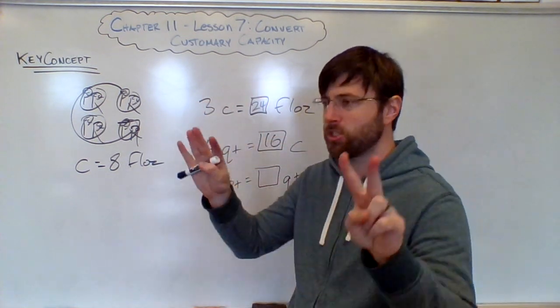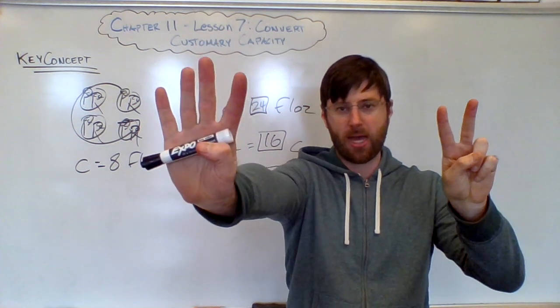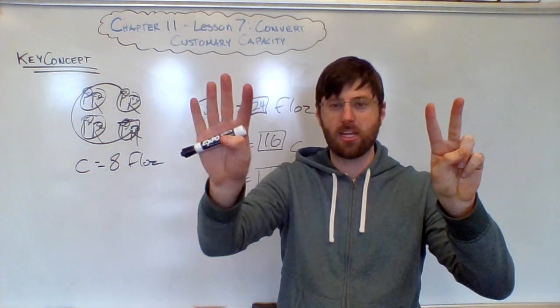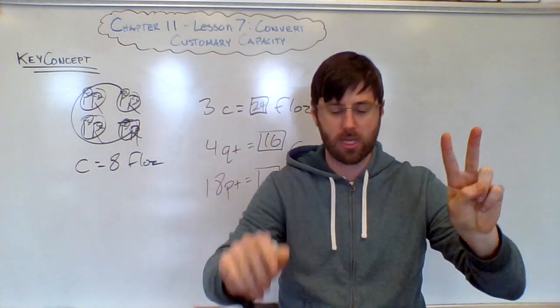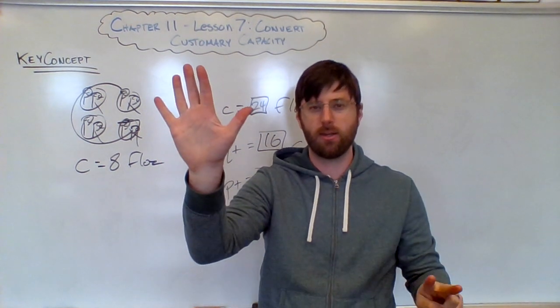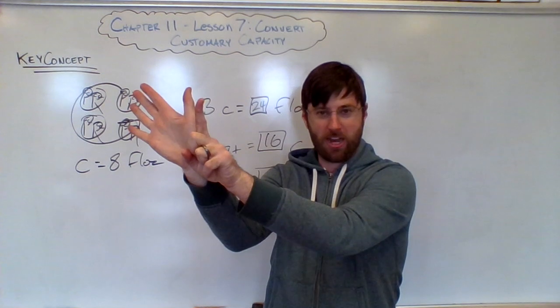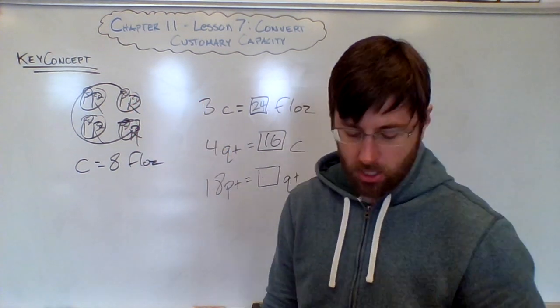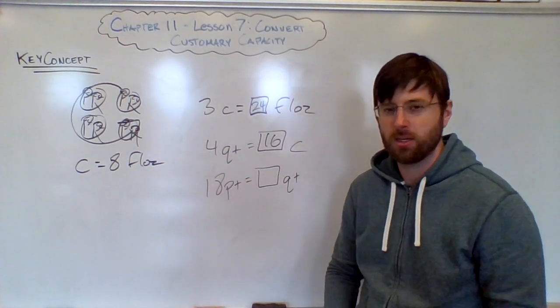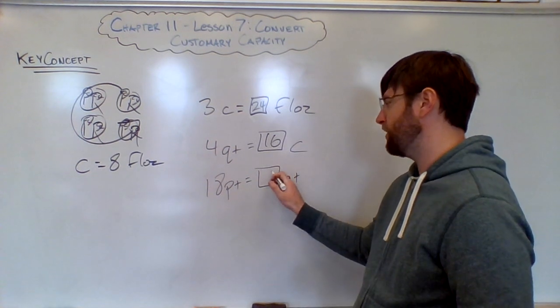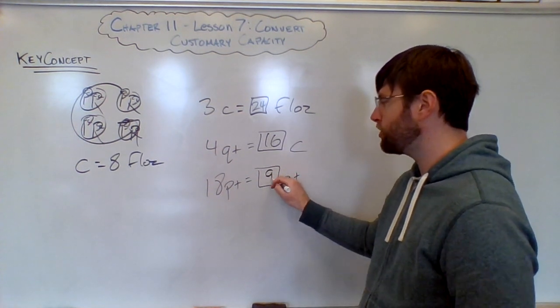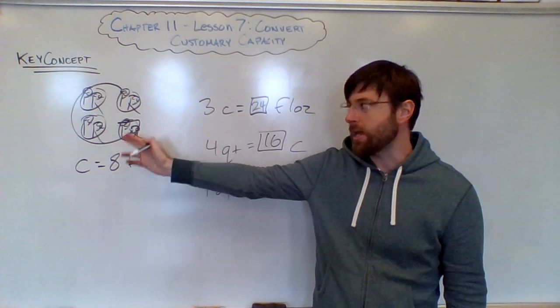Hey, I'm dividing by 2. The relationship is pints divided by 2 is quarts, right? Once I have 6 divided by 2, I'll have 3 quarts. So I could recognize that I'm doing divided by 2 for a final answer of 9 quarts. Or I could just draw 18 pints.